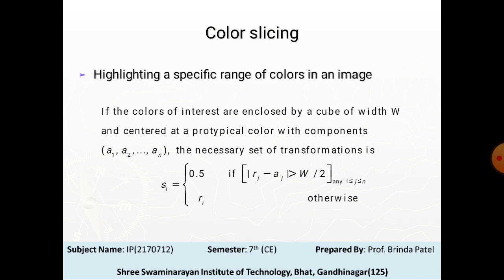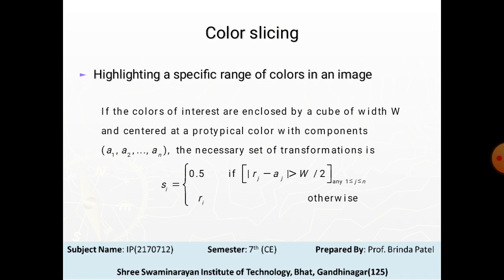If the colors of interest are enclosed by a cube of width W and centered at the prototype color with components a1, a2, up to an, the necessary set of transformations is s_i equal to 0.5 if |r_j minus a_j| is greater than W by 2 for any j, where 1 less than or equal to j less than or equal to n, and r_i otherwise, where i is equal to 1, 2, up to n.